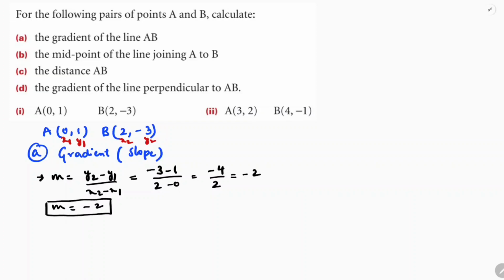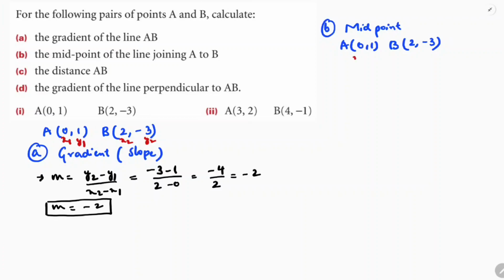Next one, second one. Now we need to find the midpoint. Midpoint of A (0, 1), B (2, -3).